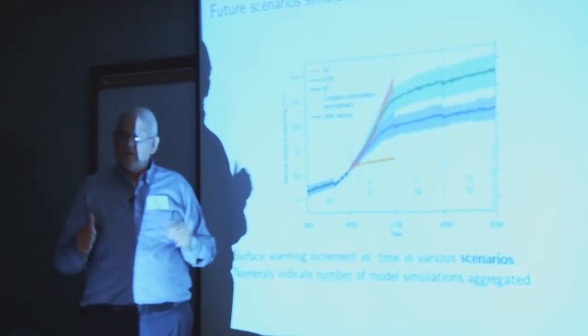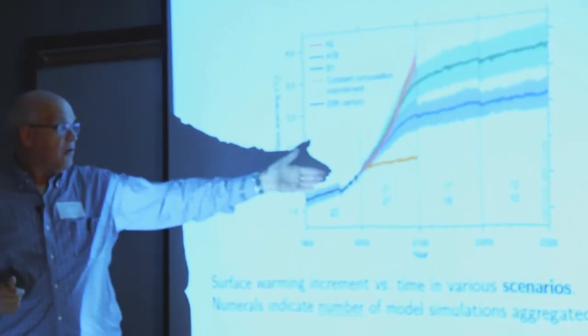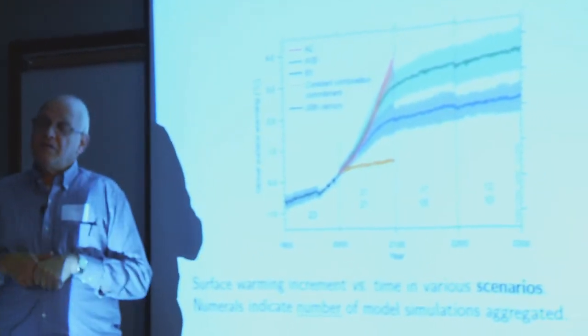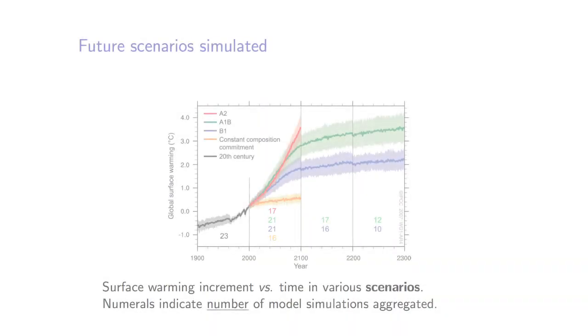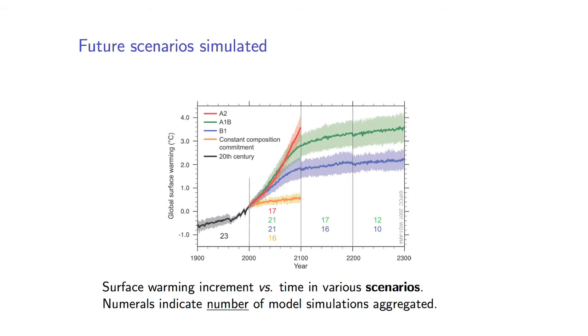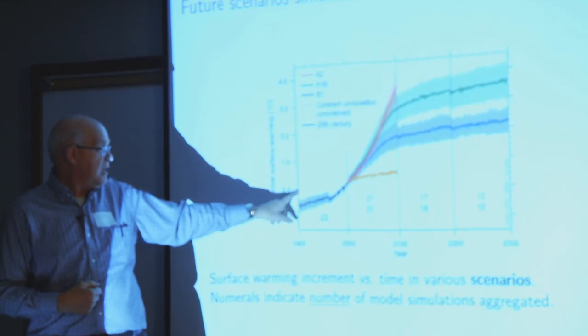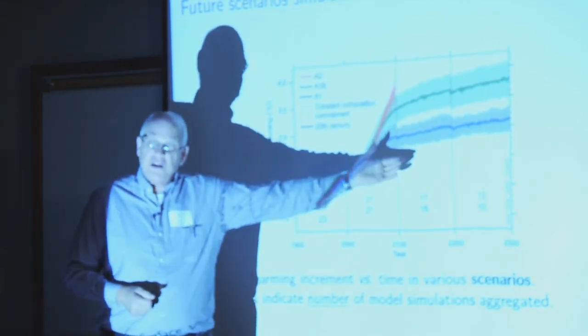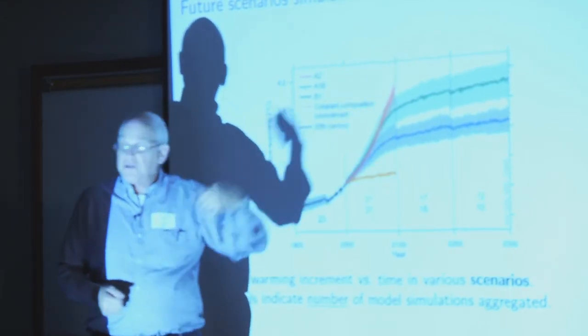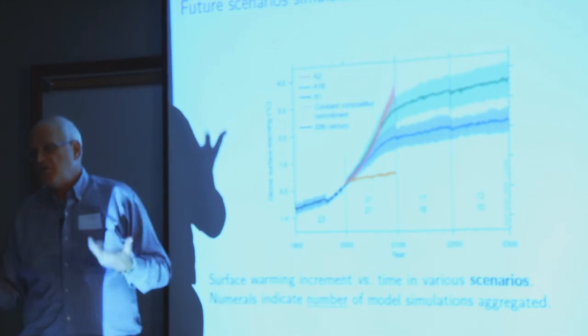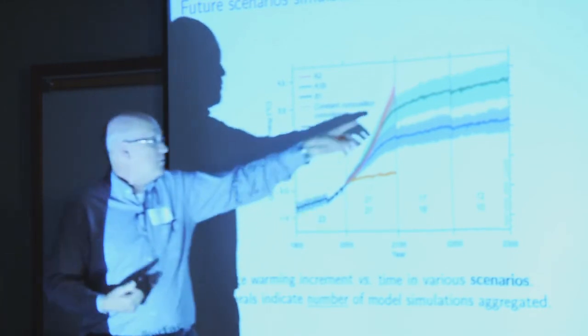Okay, we're getting towards the end of what I want to say, and these are climate simulations going into the future. So this is again a figure from the fourth assessment report, and it shows the record of global warming up to the average, global average temperature from 1961 to 1990, and then shows projections into the future, making different assumptions about the way in which humans will deal with the environment.